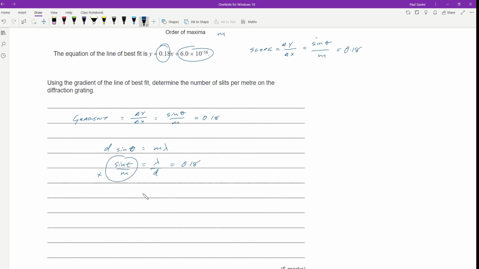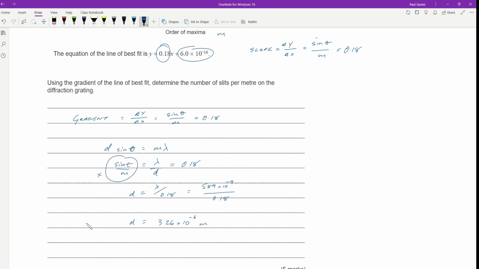So d is going to be equal to the wavelength divided by 0.18, and the wavelength was 589 times 10 to the power minus 9 over 0.18. So the distance between the slits is going to be 3.26 times 10 to the power minus 6 meters.